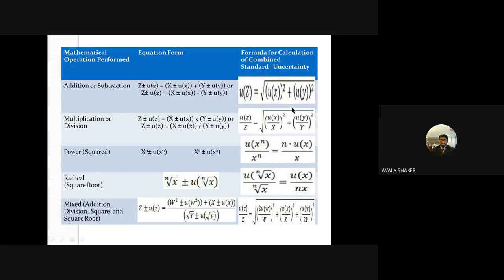Now obviously you can multiply it with z once you get the value, and you will get the total uncertainty. Even if it is multiplication or division, the errors are going to get added up. And if it is a powered one, then the uncertainty will be n times.